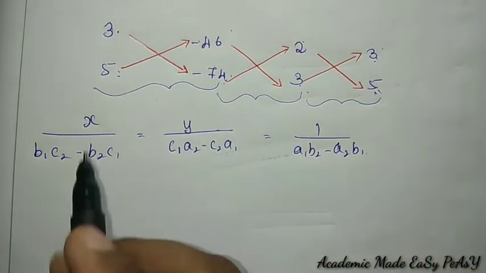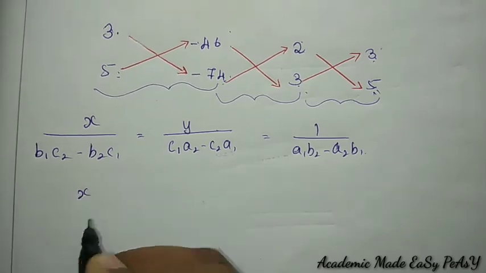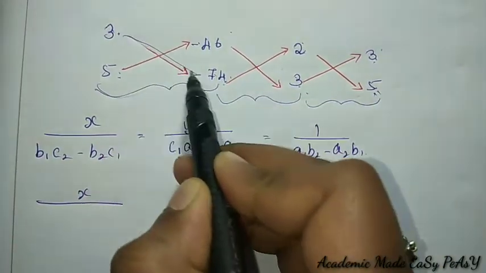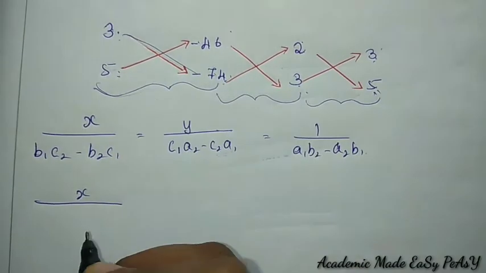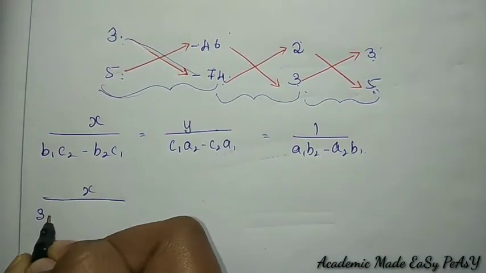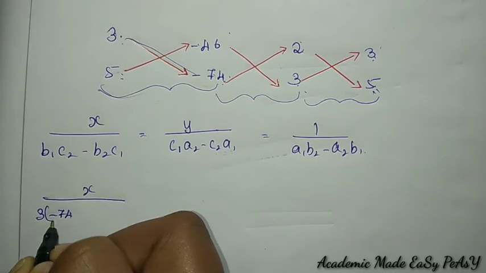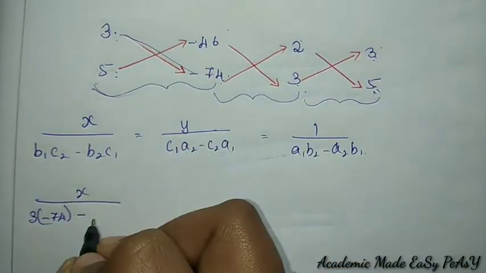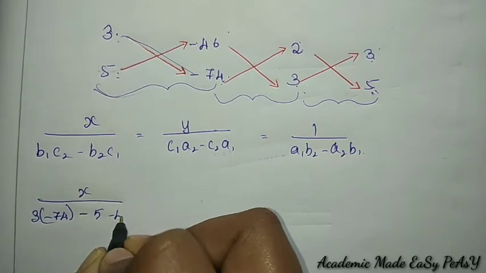Now x as it is, write x as it is, and write this one. So multiply these two: 3 into minus 74 minus 5 into minus 46.